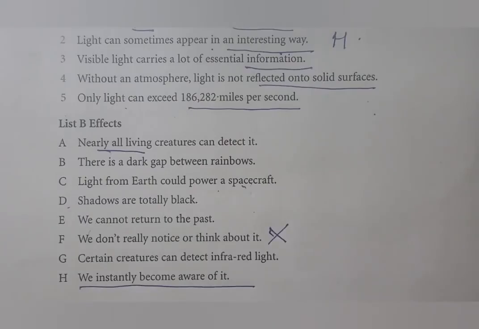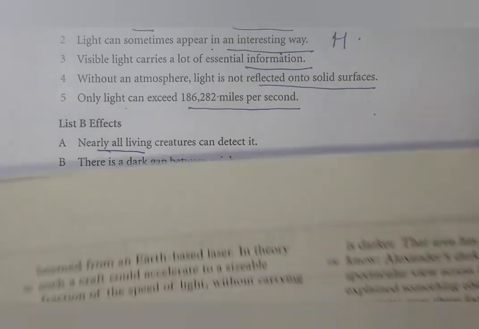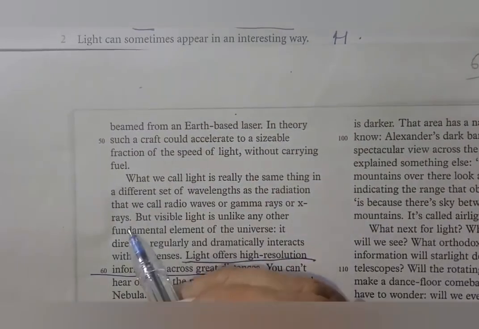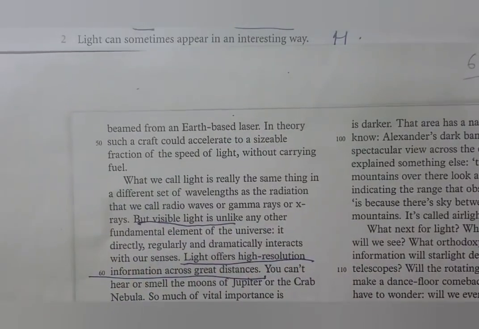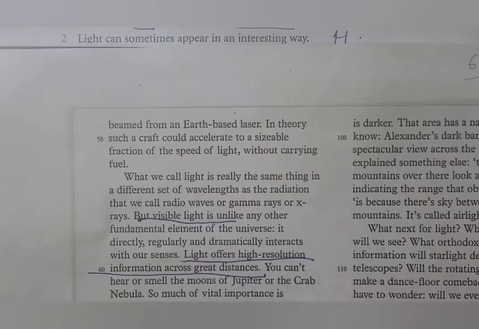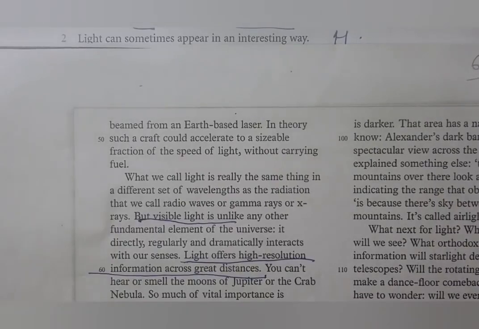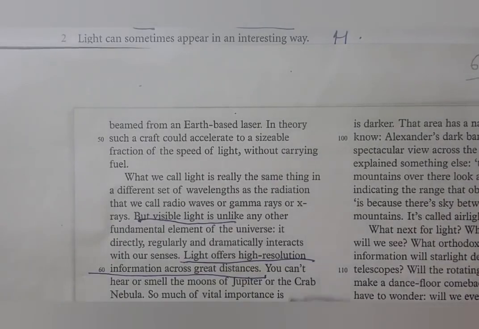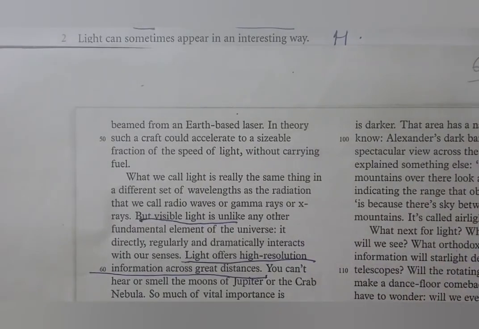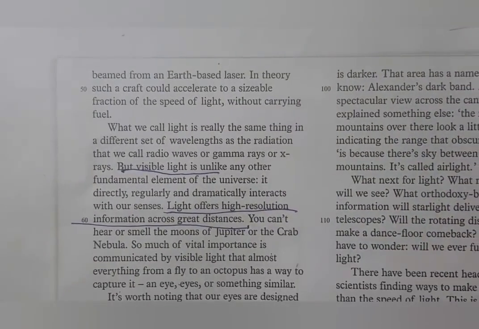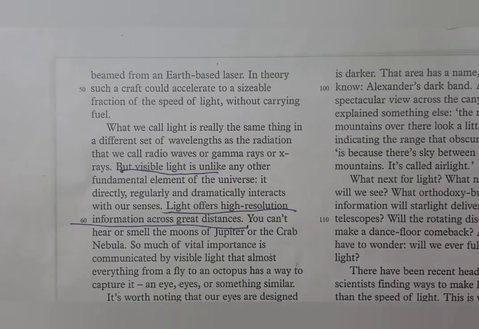Okay. Now I'll find the second word, that is visible light. Visible light is unlike any other fundamental element of the universe. Right. So here it directly, regularly and dramatically interacts with our senses.